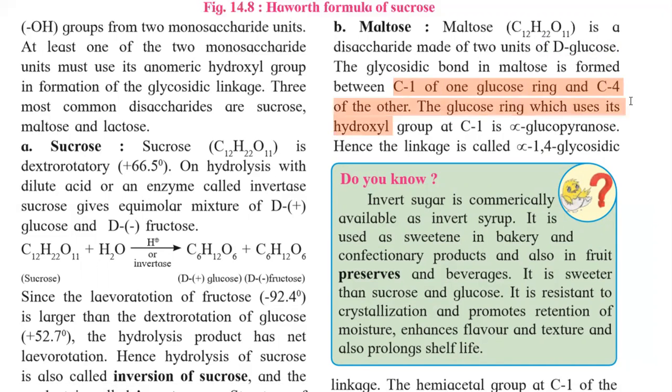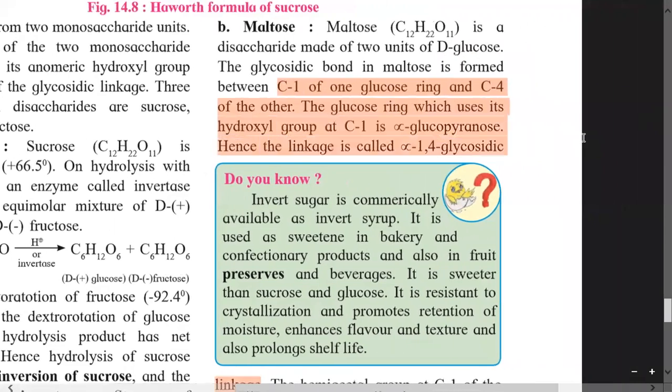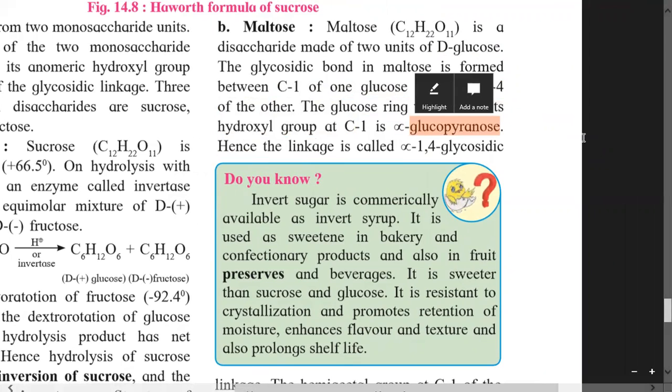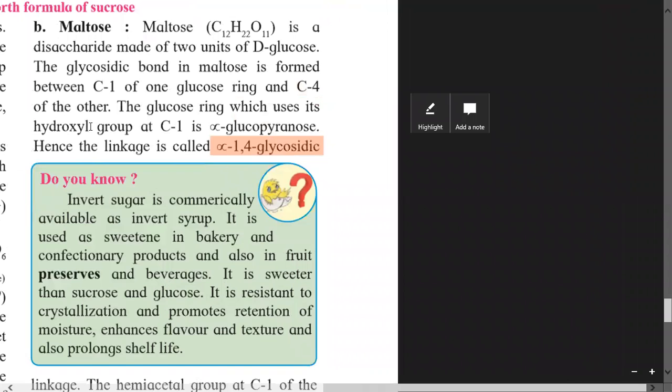The glucose ring uses its hydroxyl group at C1 carbon at alpha position, that is alpha glucopyranose. Hence the linkage is called an alpha 1,4 glycosidic linkage.